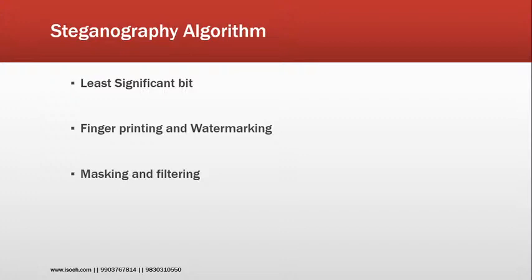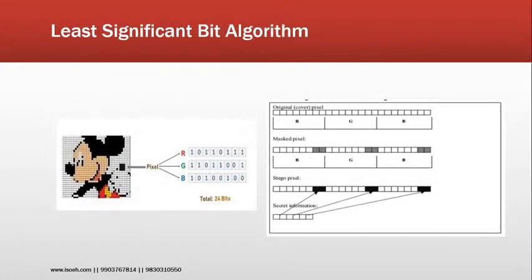When files are created, there are usually some bytes in the file that are not really needed or at least are not that important. Okay, so these areas of the file can be replaced with the information that is to be hidden without significantly altering the file or damaging the file.